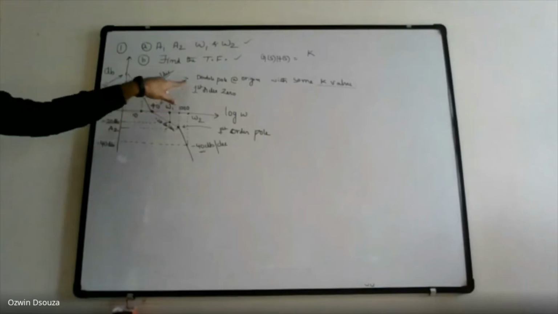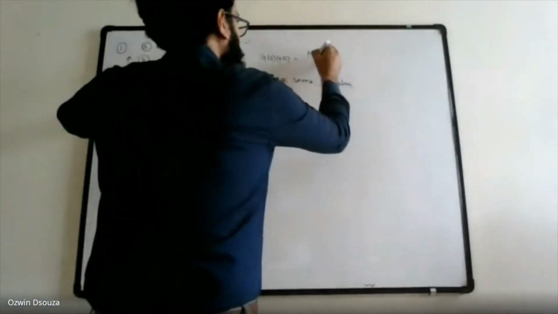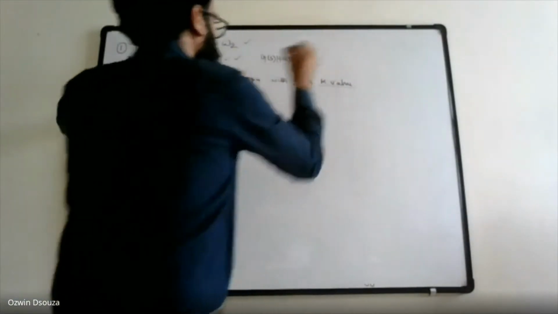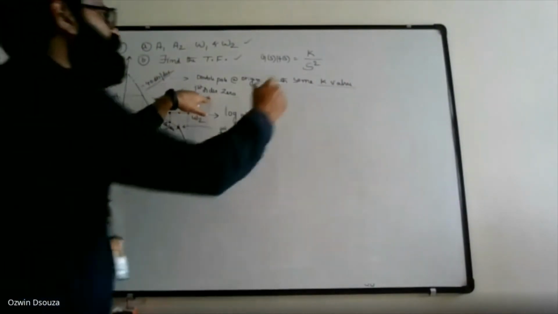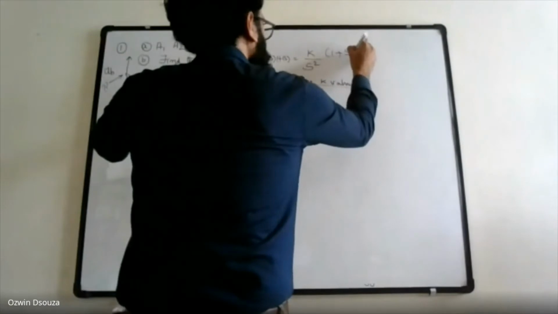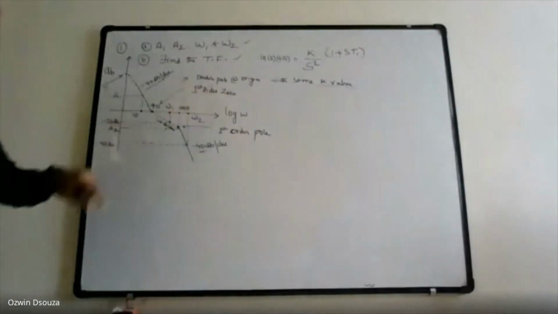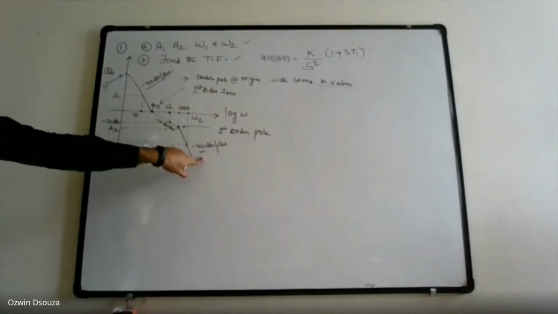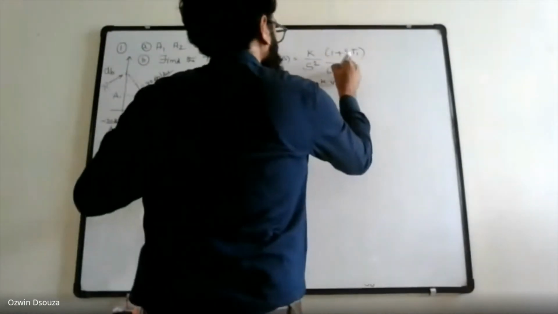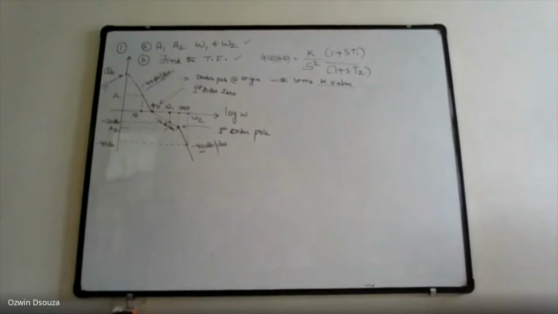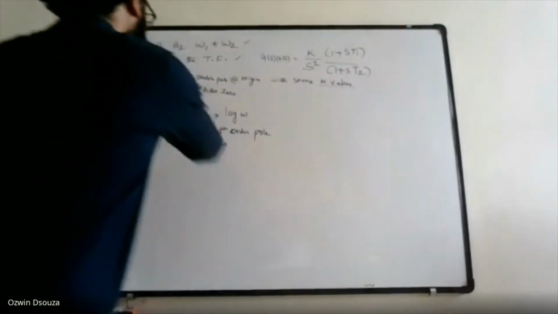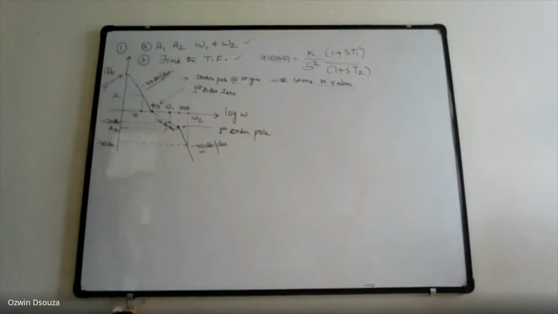We have a double pole at origin, so you will have some s square term, and then you have a first order zero, so that is 1 plus sT1, and you will have a first order pole. So again in the denominator you will have 1 plus sT2. T1 and T2 are the time constants of the circuit. So this should be the transfer function of this particular Bode diagram.